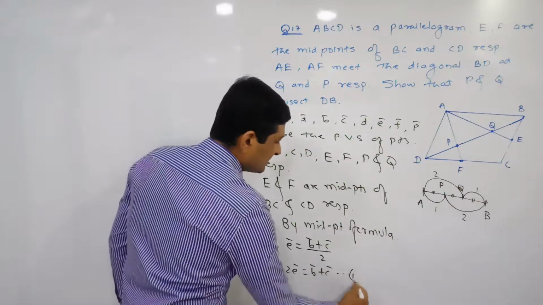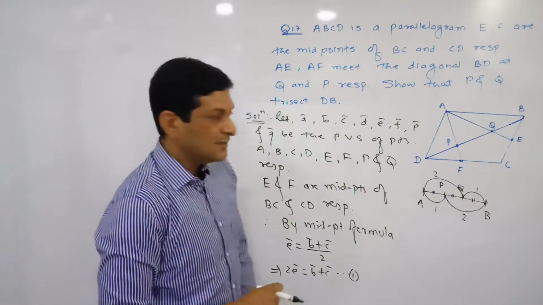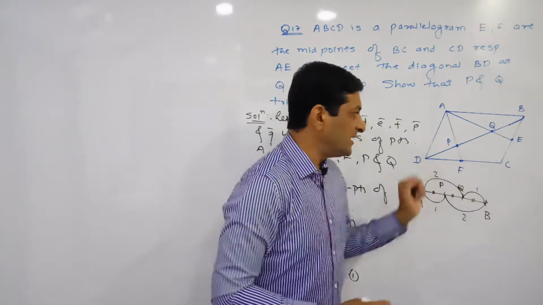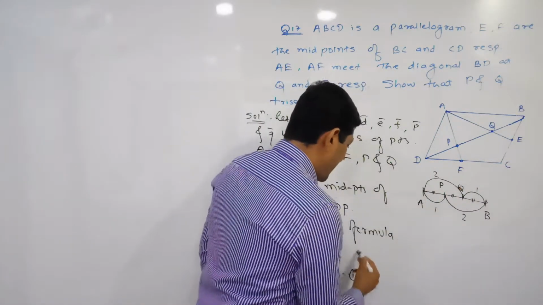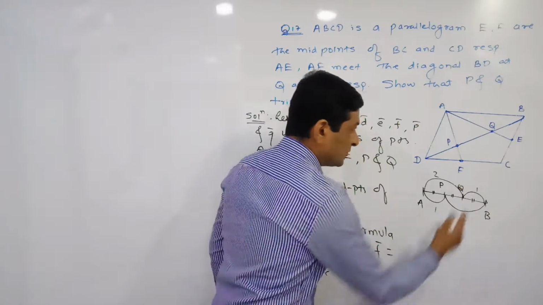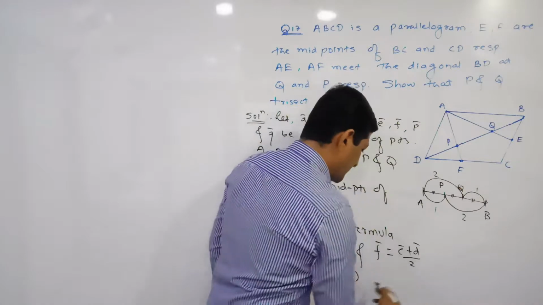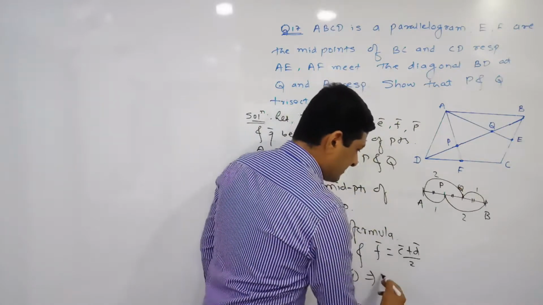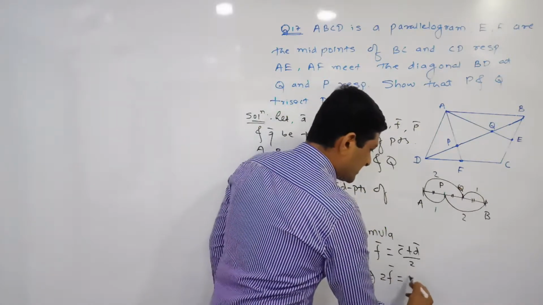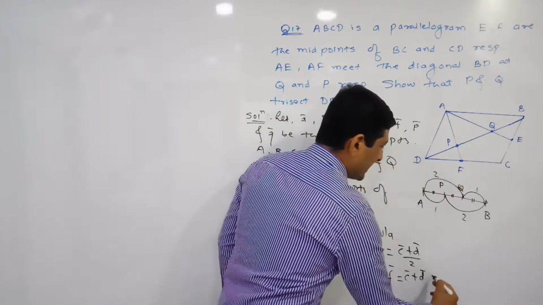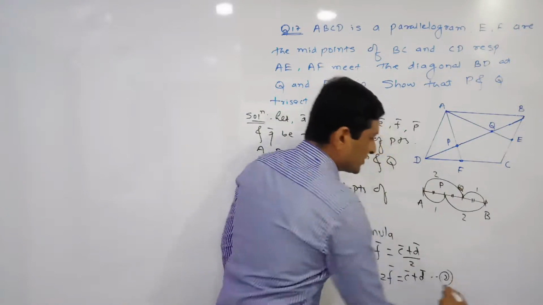Let us denote it by equation number 1. Again F is the midpoint of CD, so F bar is equal to C bar plus D bar upon 2, which implies twice F bar is equal to C bar plus D bar. Let us denote it by equation number 2.